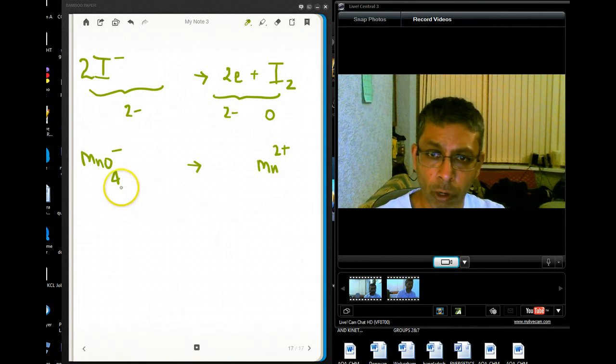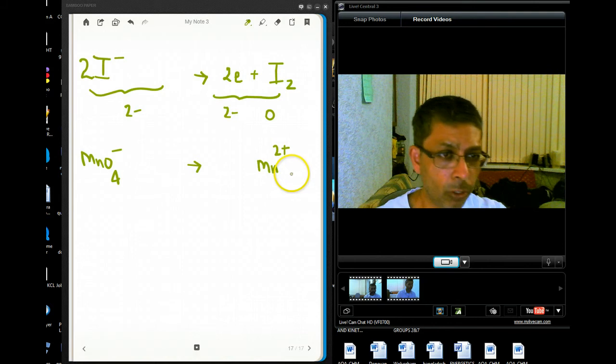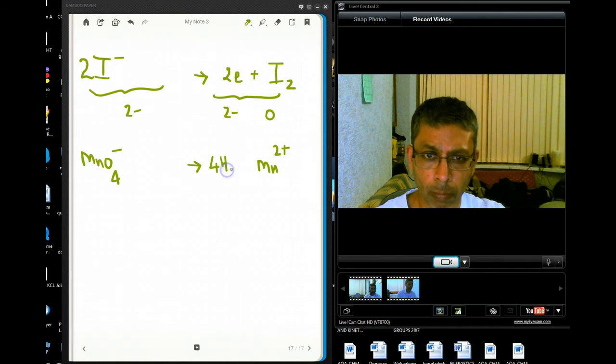We have 4 oxygens and we need to have 4 oxygens on the right over here. Remember our toolbox, we can use water, hydrogen ions and electrons. Water first, always. So we need 4 oxygens on the right. That will have to be in the form of water. Okay, I can write the water anywhere on my right hand side. There's my 4 oxygens now.